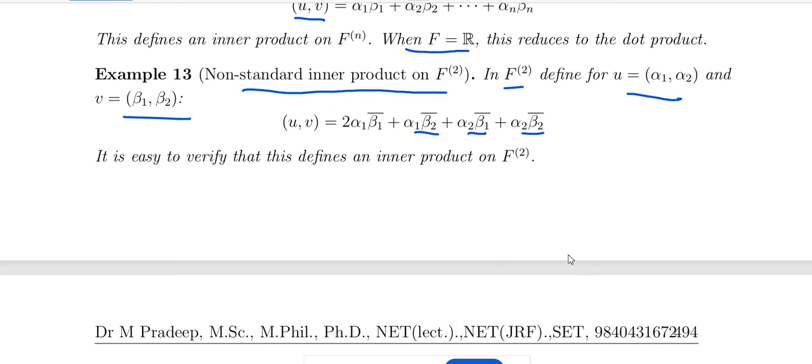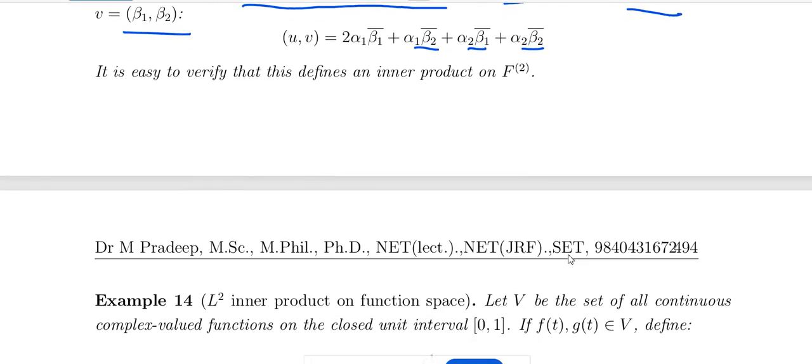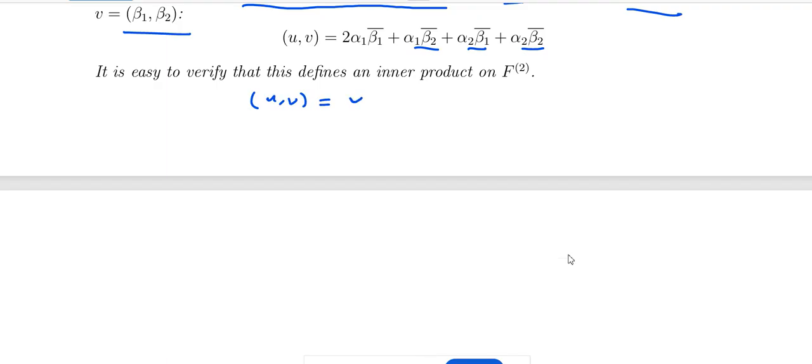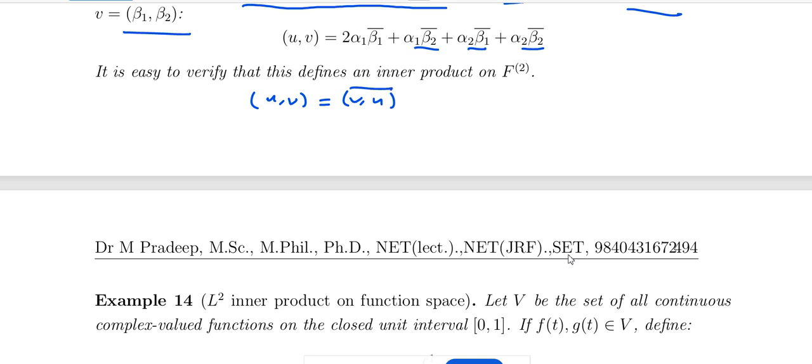Inner product on F2. So the first property: the inner product of U comma V equals V comma U whole bar. When you apply it here, that is equivalent to U comma V, that is 2 alpha 1 bar, beta 1 double bar, that is V comma U. When you find V comma U, what is it?